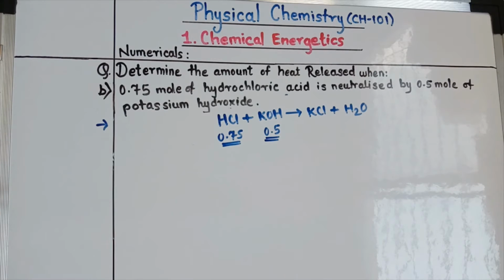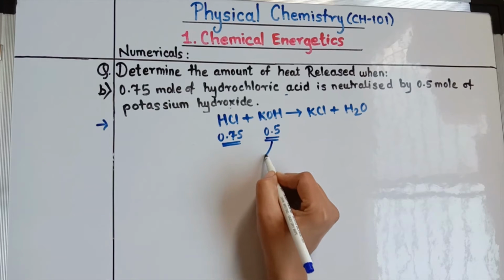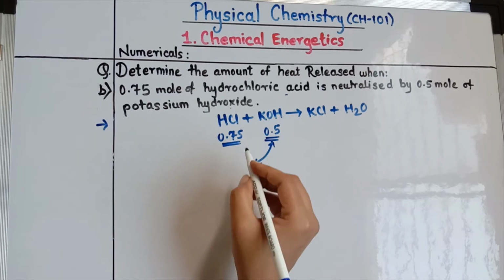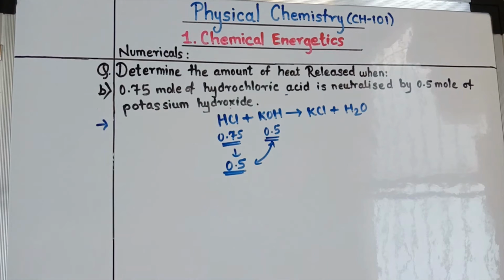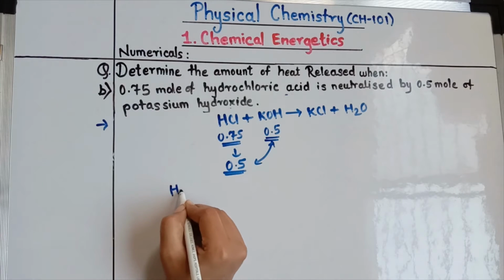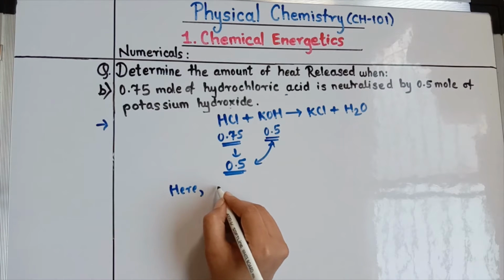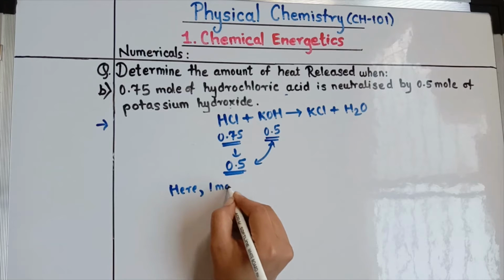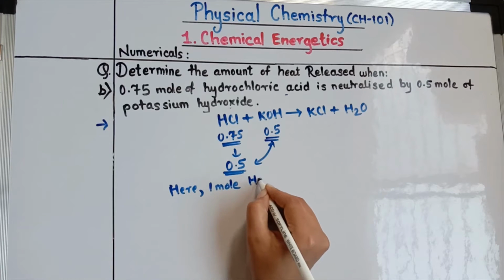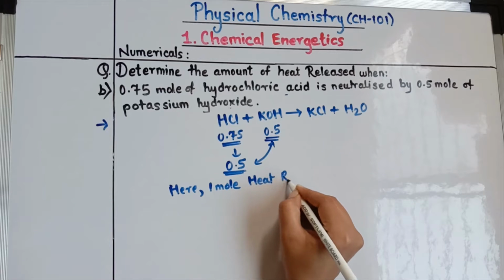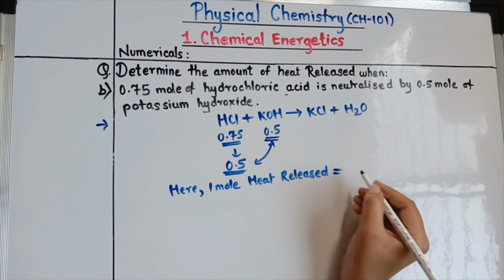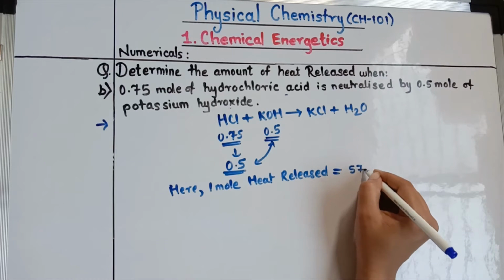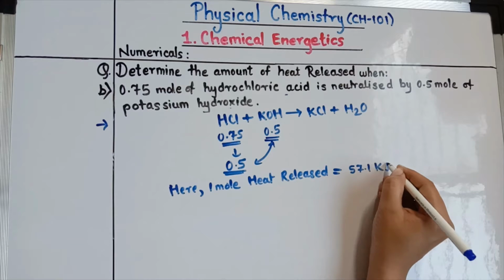From here we can understand that there is only 0.5 mole of KOH and 0.75 moles of HCl. So there is a lesser amount of base, and that much base only will neutralize the acid, that means 0.5 mole of acid. So for 1 mole, heat released is equal to 57.1 kilojoule.